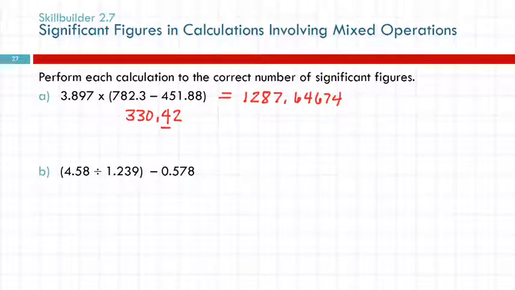So I'm going to keep 1287, the first 4, and then the next one's a 6, so I need to round, and so I'm going to call this 1288. Four significant figures. You can't come up with the correct number of significant figures here without looking at that intermediate result.